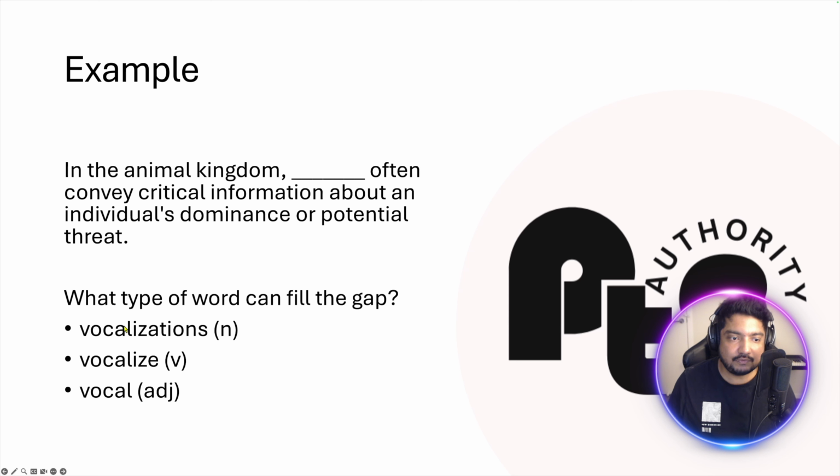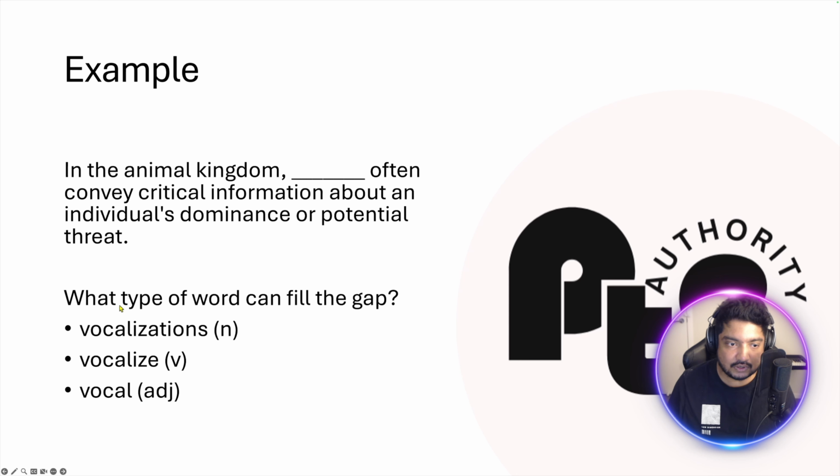If you've got three options to fill in this blank, you've got vocalizations, which is a noun, vocalize, which is a verb, and vocal, which is an adjective. The only correct answer in this case is vocalizations, because it is a noun. If I plug vocalizations into the blank, in the animal kingdom, vocalizations often convey critical information about an individual's dominance or potential threat. It makes a lot of sense. So the right answer is vocalizations.